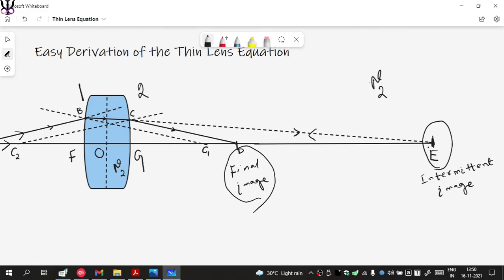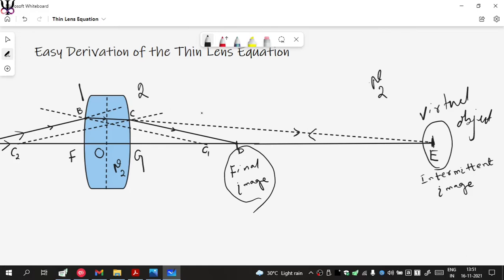When you say virtual object, the intermittent image becomes the virtual object. It means the ray that would have actually met at E gets bent again. You don't have to worry about how the images are formed for a virtual object.